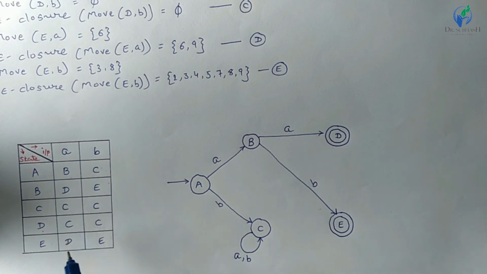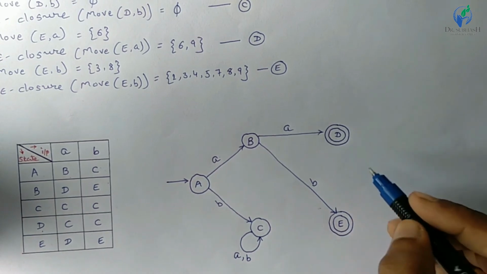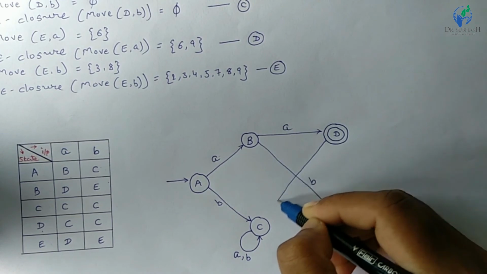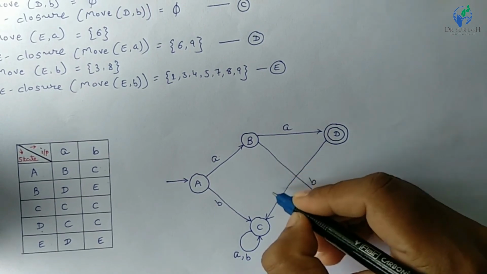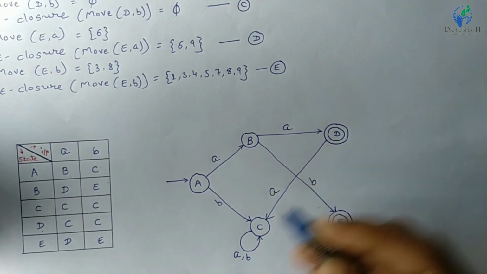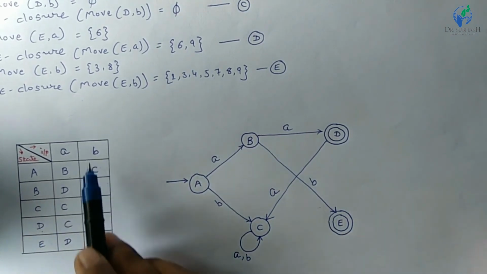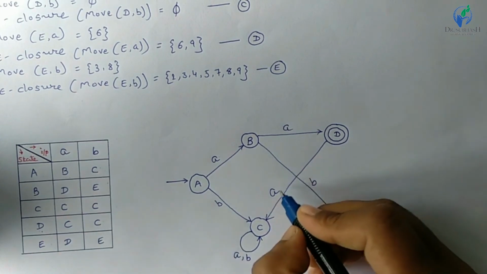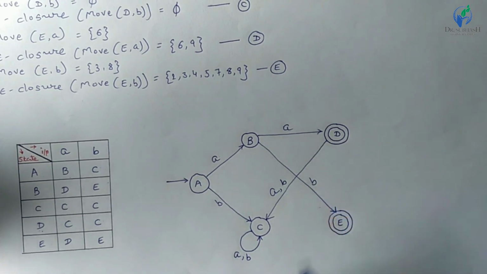Now from D state, input is A, then reach state C. D to C, input is A. Now D to B, then reach state C. So write it by separating with a comma.